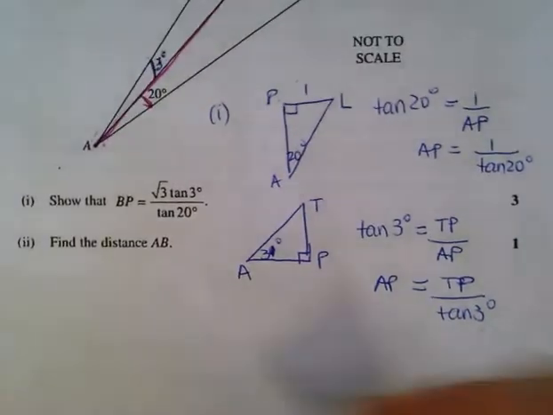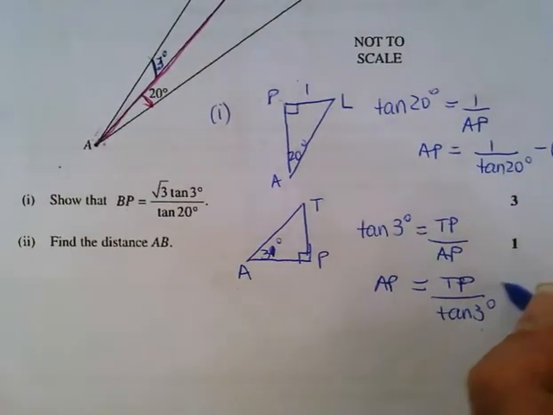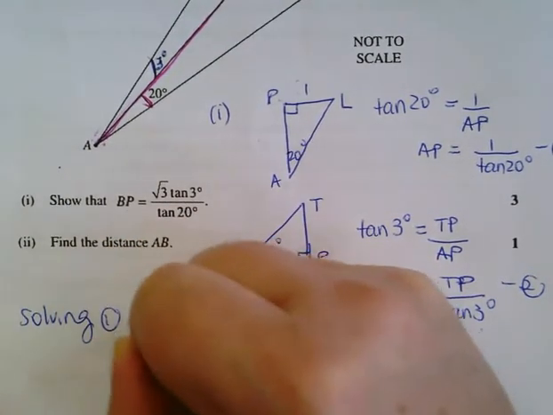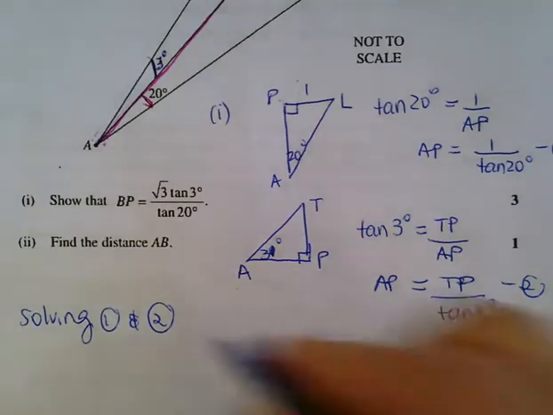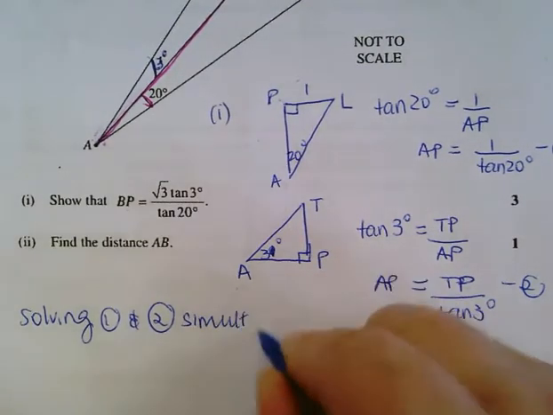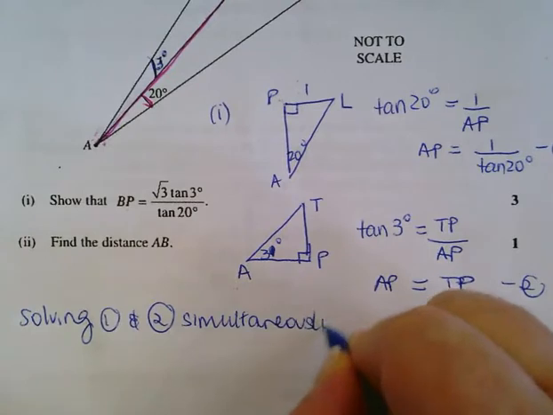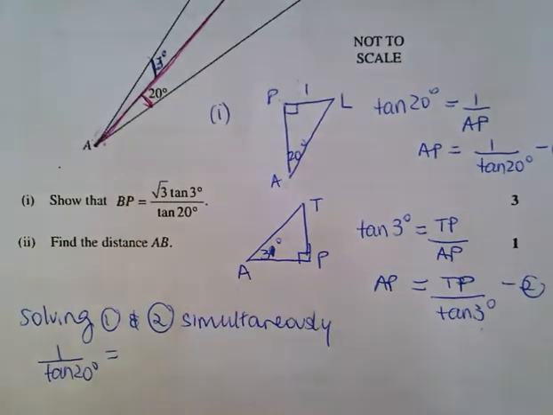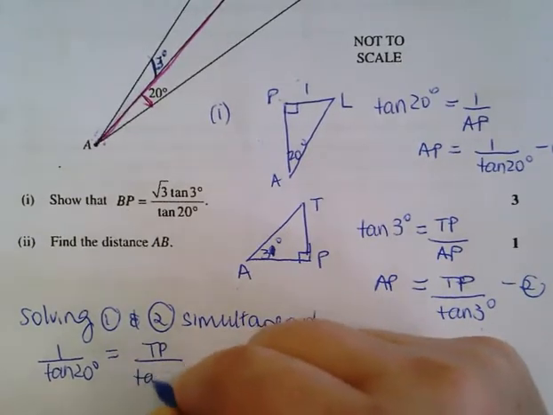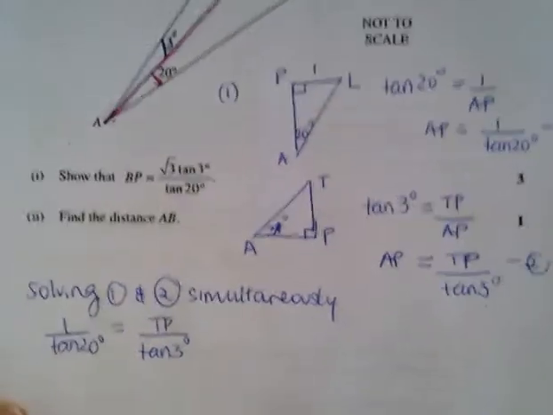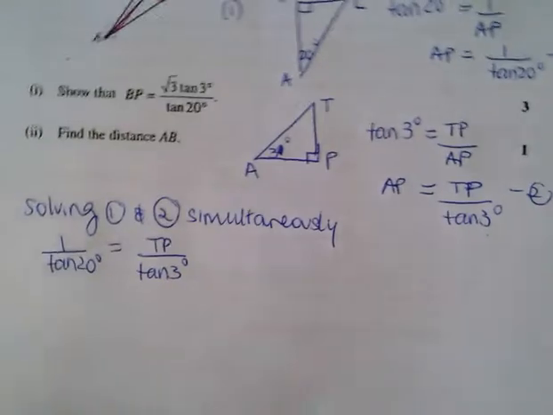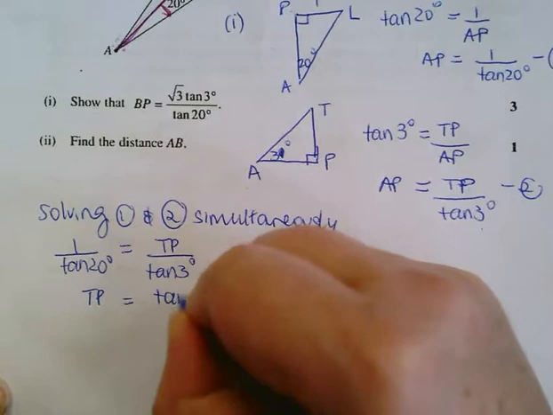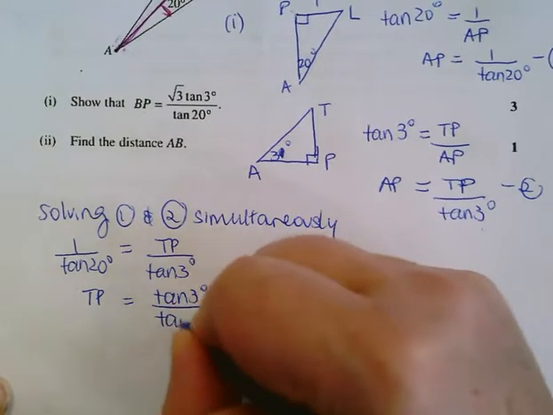So solving equation 1 and equation 2 simultaneously, we get that 1 over tan 20 equals TP over tan 3. We're still not done, but we're getting there. In other words, TP equals tan of 3 degrees over tan of 20 degrees.